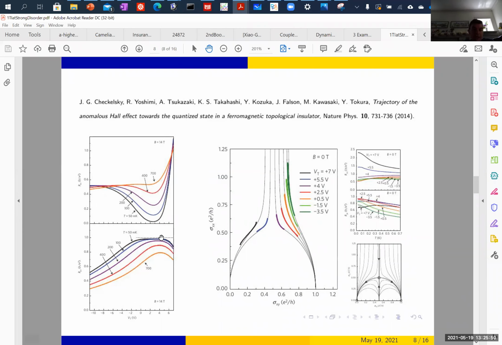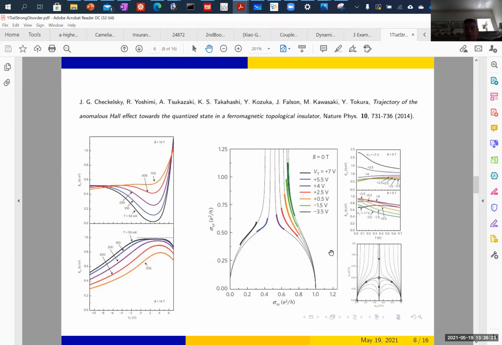We see the off-diagonal flattening while the direct resistivity goes down. And then if you look at the scaling of all these quantities, you can detect a critical point. Therefore, there is a transition, a true transition with a critical point between the phase with Hall conductance 1 and Hall conductance 0.